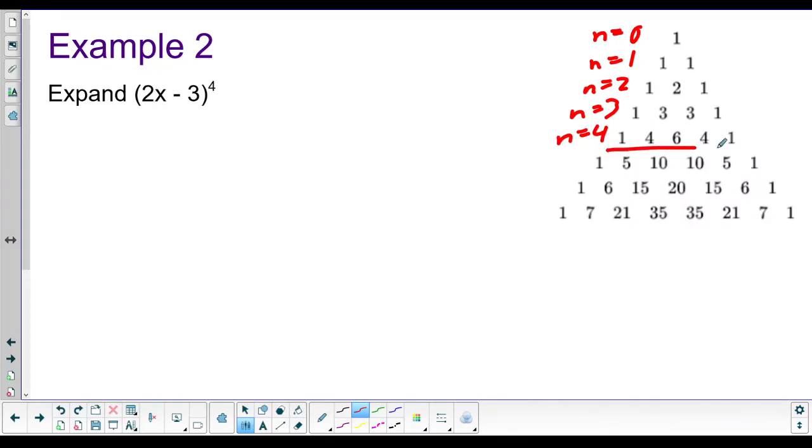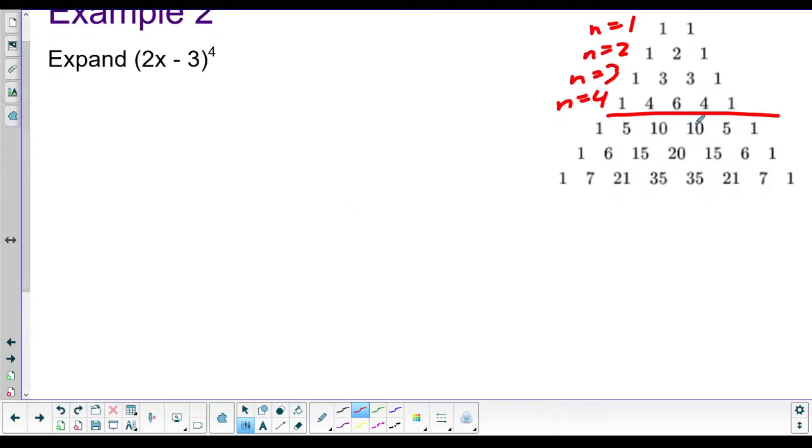Okay, so we're going to use this row. So our coefficients from the combinations are going to be 1, 4, 6, 4, and 1 again.